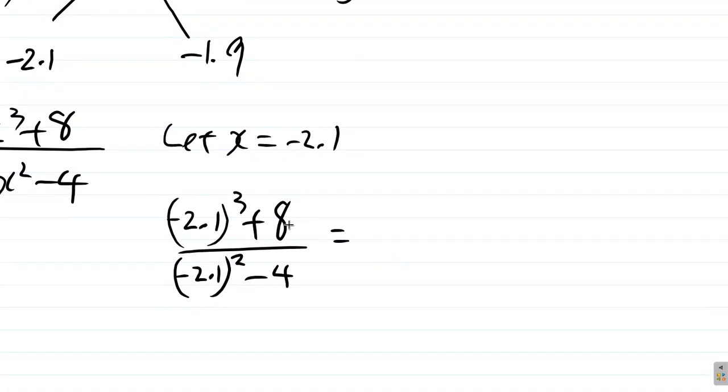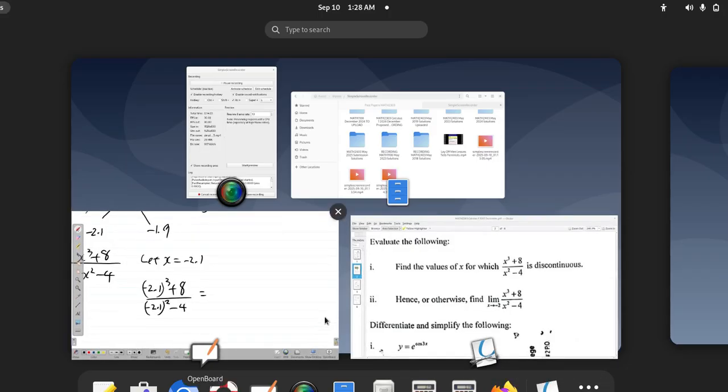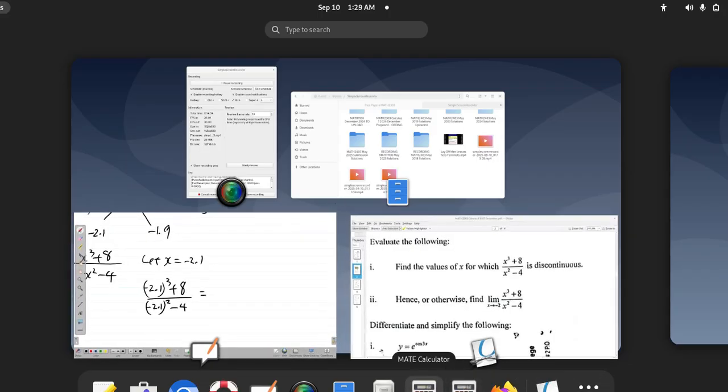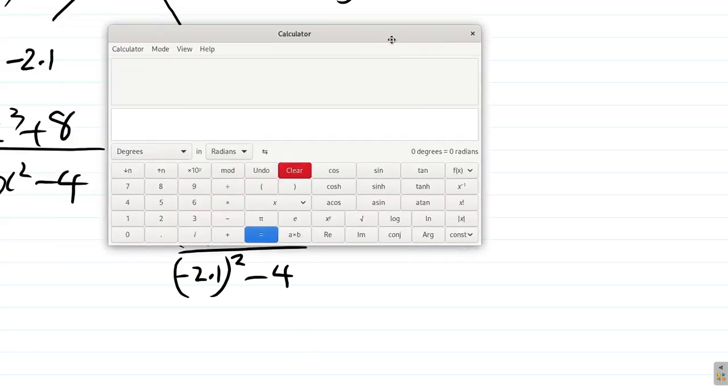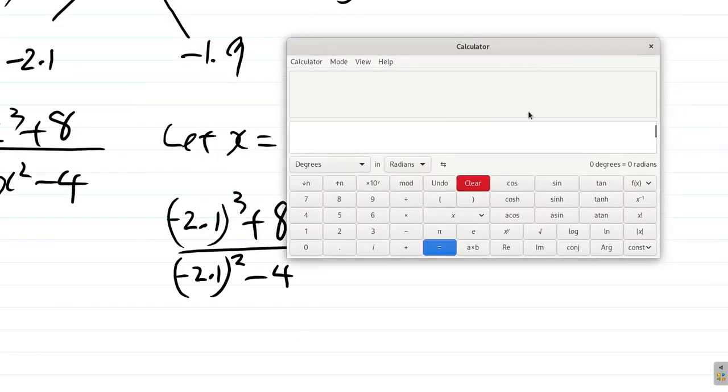Negative 2.1 cubed. What is that? Let's get our calculator. Alright.